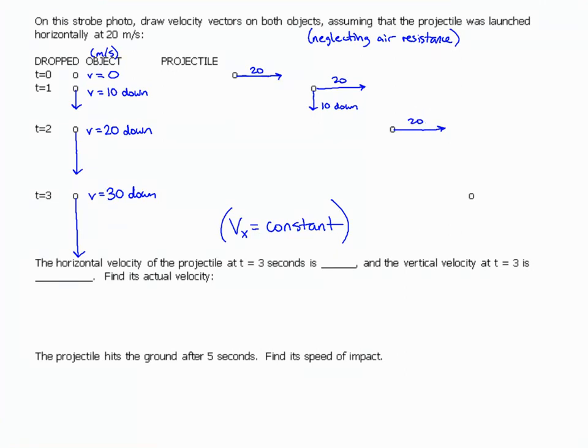It's been falling for 2 seconds, and its vertical velocity is now 20 down. At a time of 3 seconds, Vx is still 20, but now the vertical velocity is 30 down.